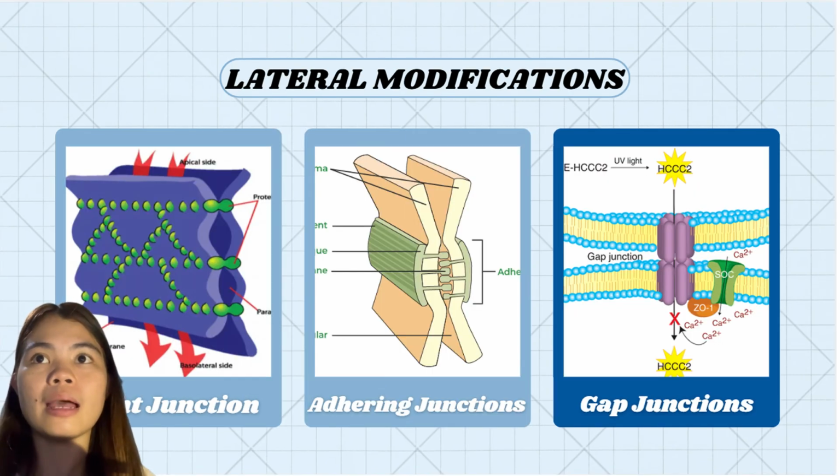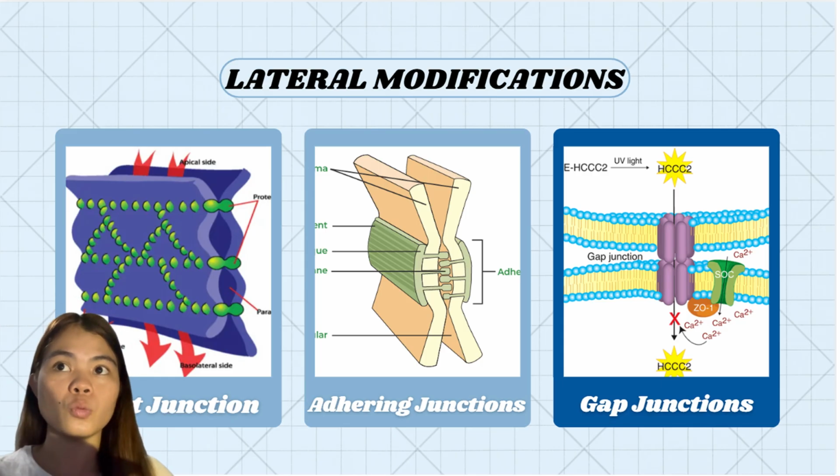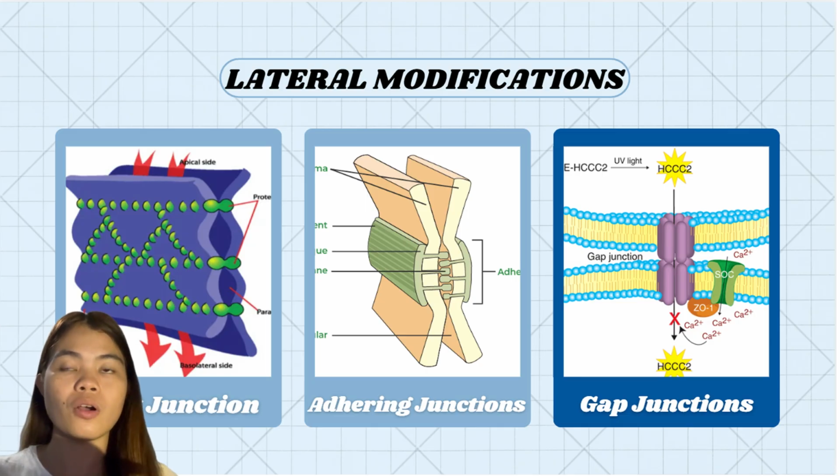Lastly, we have lateral modifications. They are found on the lateral or side surface of the cell, connecting them to their neighbors. First, we have tight junctions, or the ceiling fence. Structure is a continuous, belt-like junction around the lateral side of the cell.